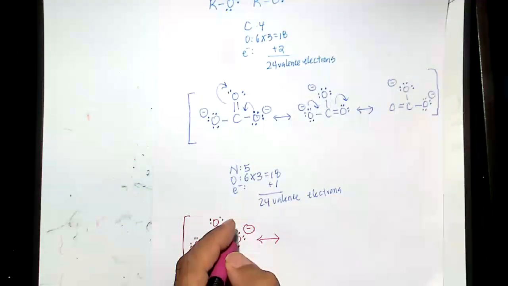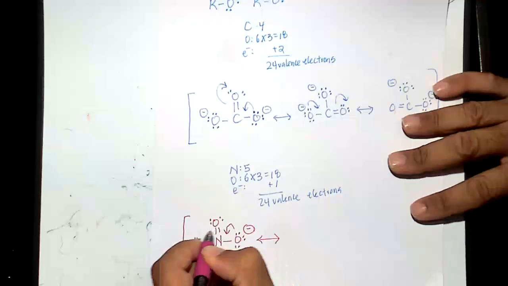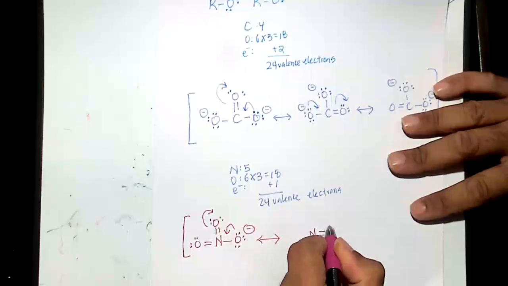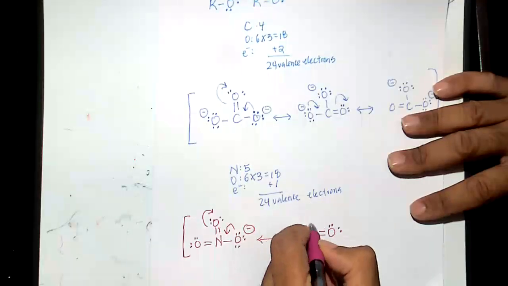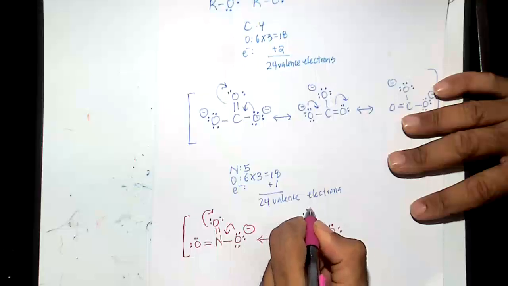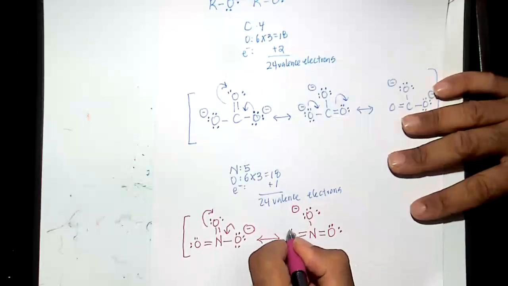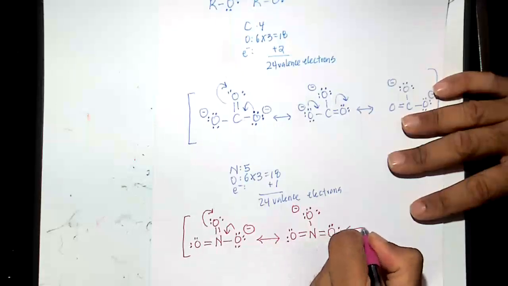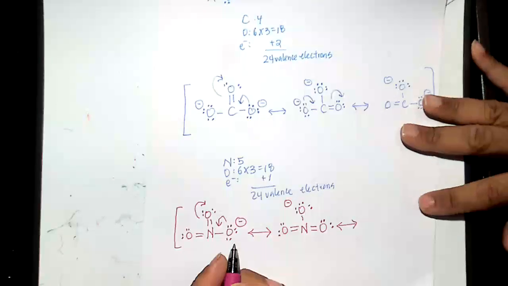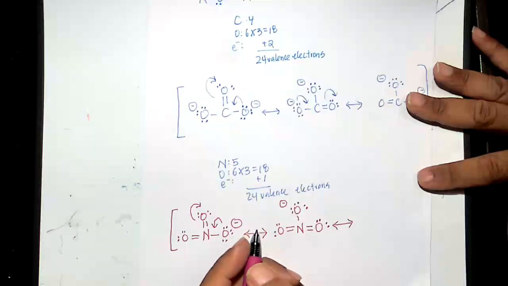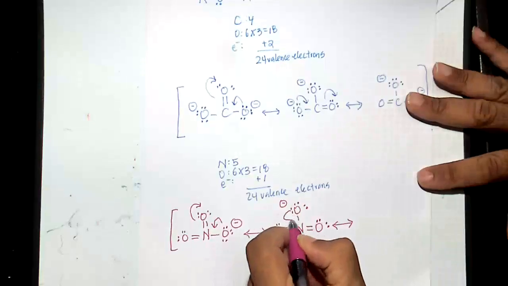And then what other resonance structures do you think can exist? We have that single bond over there. Where else can the single bond be? Okay, the single bond can be up top. And then where else could the single bond be? On this side, right?